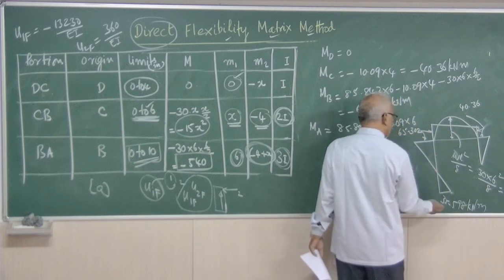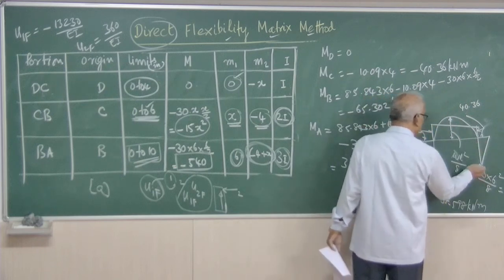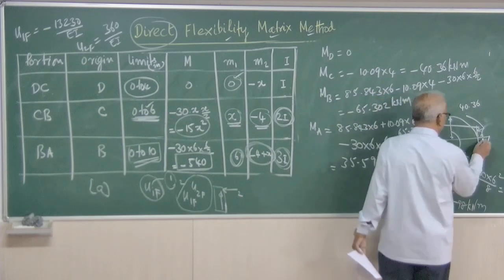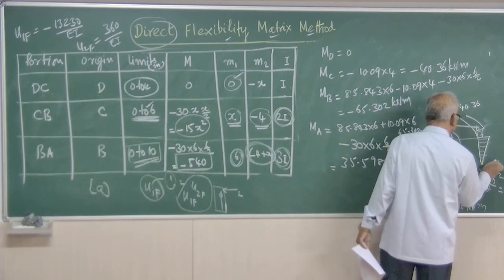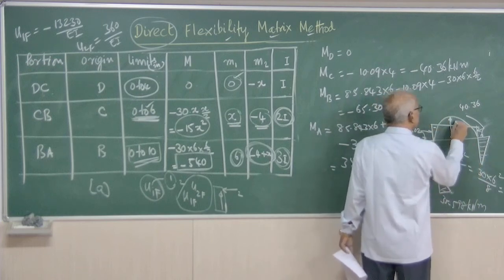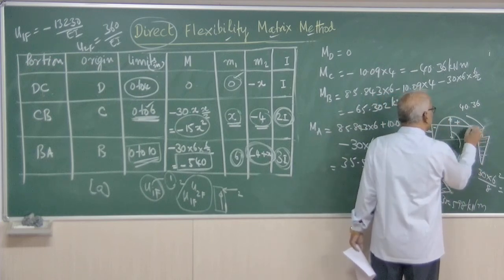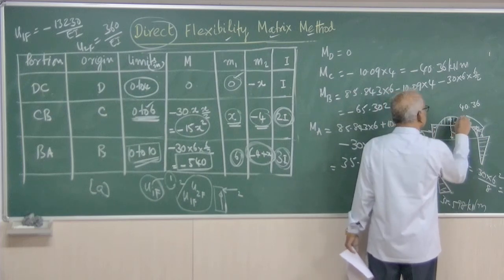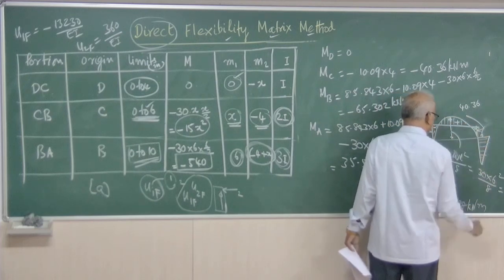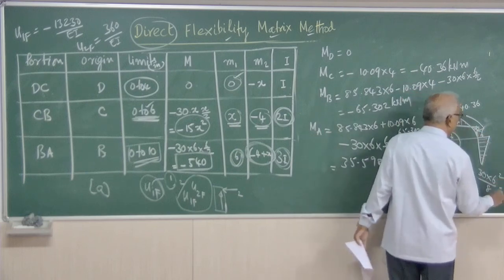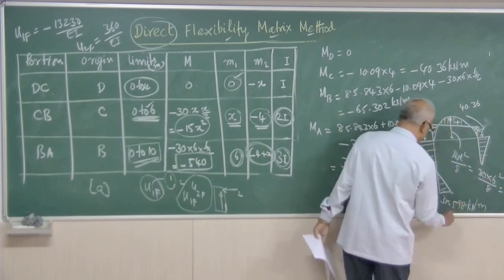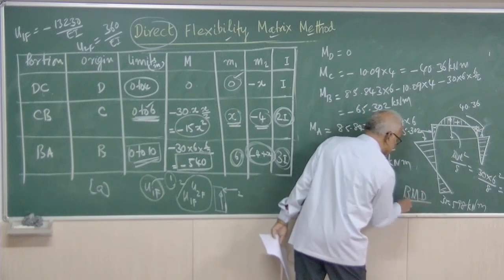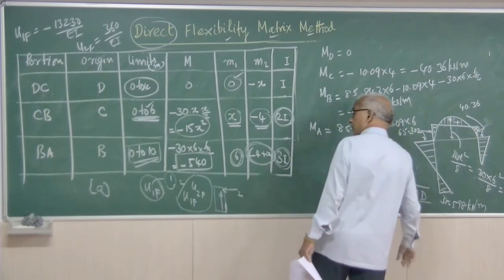There is no load on column AB or column CD, therefore this will be the diagram. This is minus, this is plus, and this is minus. We have to hatch it. This is the bending moment diagram, BMD.